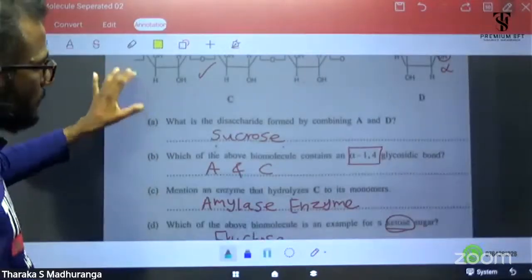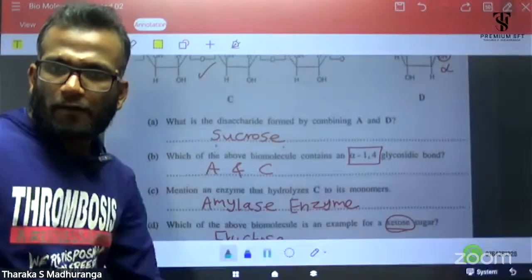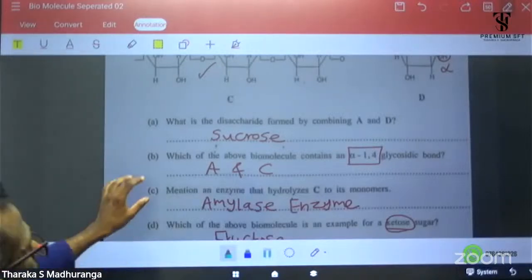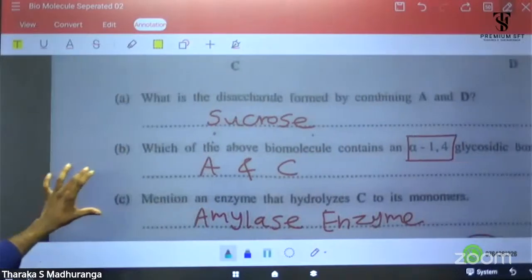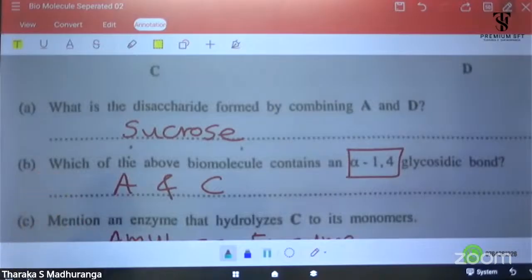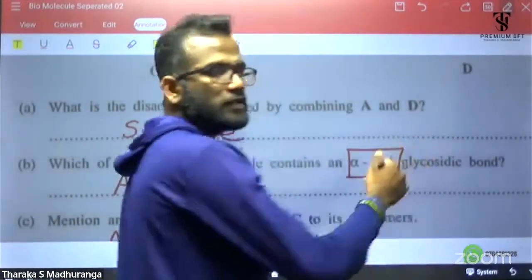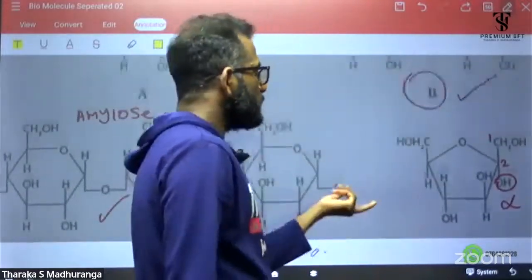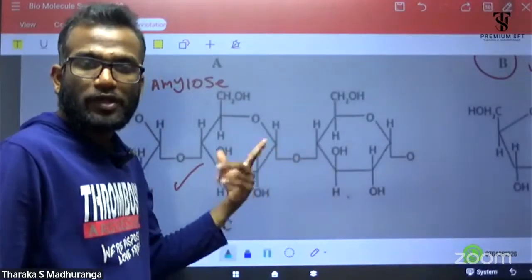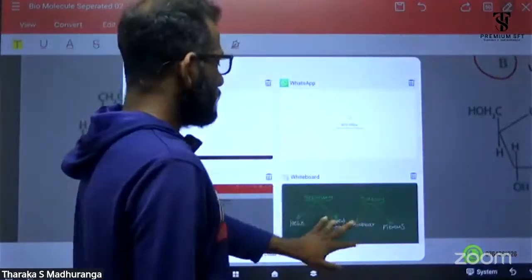Raise your hand. Okay, the B question asks about glycosidic bonds. Normally these are glycosidic bonds, and we can give names to glycosidic bonds according to the carbon numbers. There are different types.